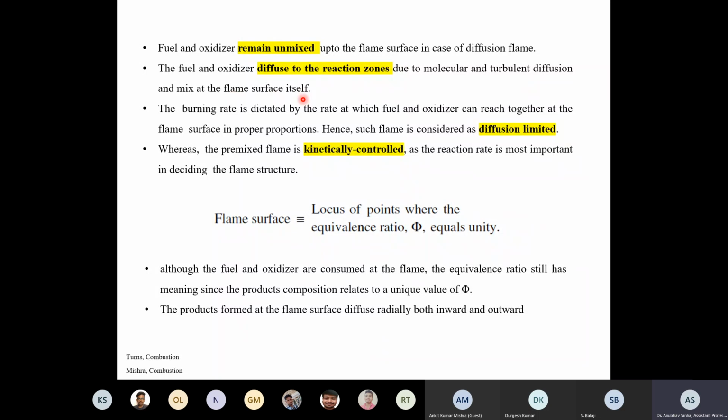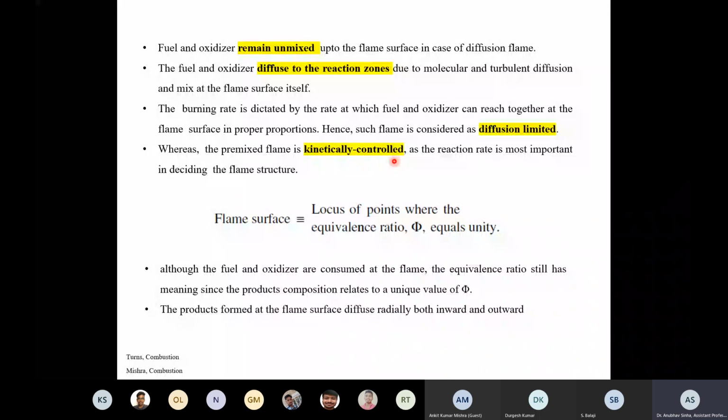Now the burning rate is dictated by the rate at which they come together in stoichiometric, or the required, proper proportions. That is why it is called diffusion limited. For a premixed flame they are already mixed, so the flame speed, the rate of production, everything is kinetically controlled, or chemical kinetics plays a more important role.